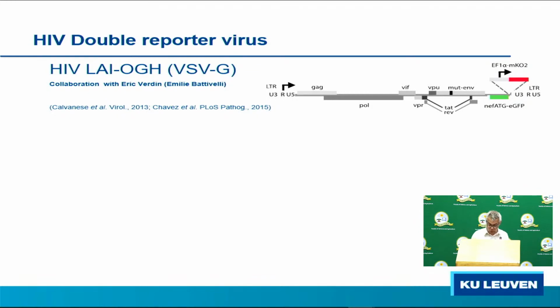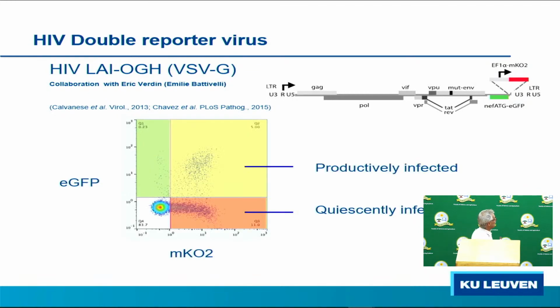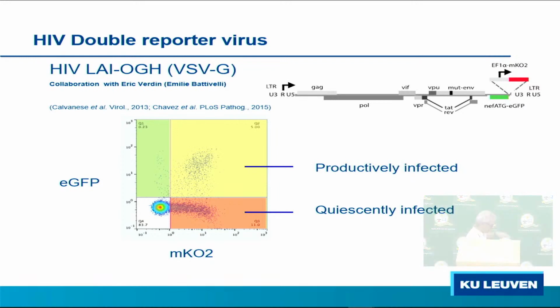And so we can FACS these cells. So we take cells, we infect them with reporter virus, and we measure the green and the red fluorescent protein. We put them in the quadrants, and then you can see that you have these cells that are red fluorescent protein positive. They are infected, and the ones that are on top also green.